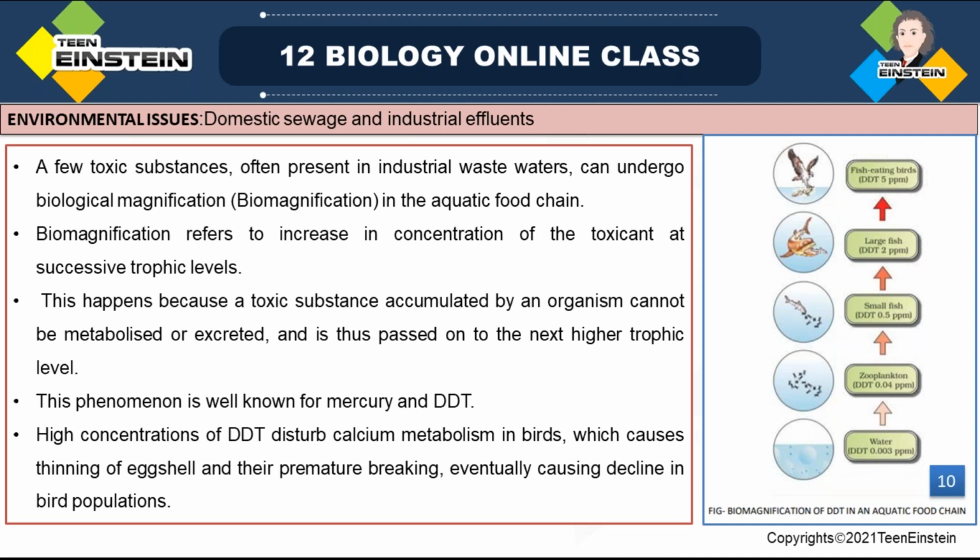So that causes thinning of eggshell and the premature breaking of those eggs. When the eggshell becomes thin and premature breaking is more, again the next generation won't get produced, right? So there will be a decline in the bird population.